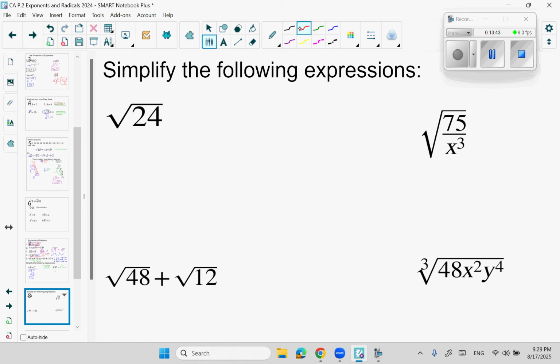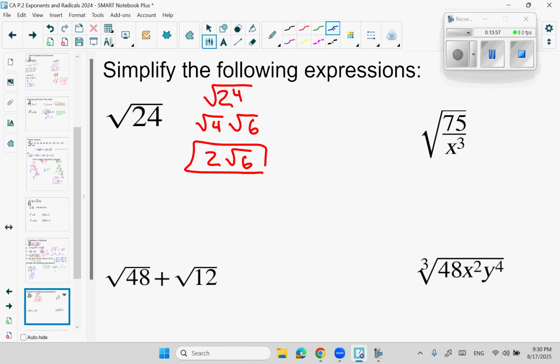Simplify the following, so 24. So if I break up the square root of 24 as the square root of 4 times the square root of 6, we would get 2 root 6. Here we get the square root of 75 over x cubed. We can do them both separately. So square root of 75 over the square root of x cubed. 75 we can break down as square root of 25 and square root of 5.